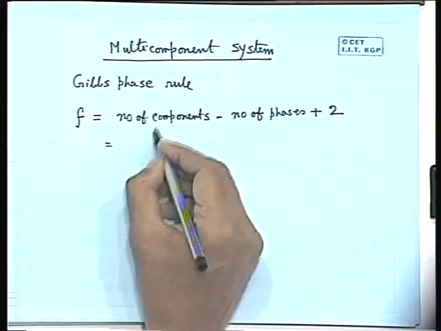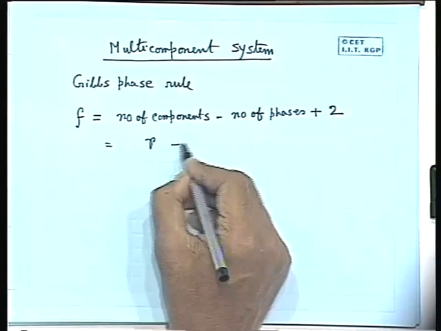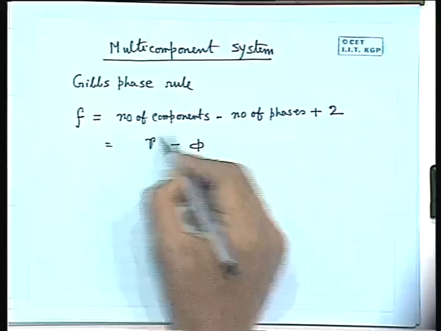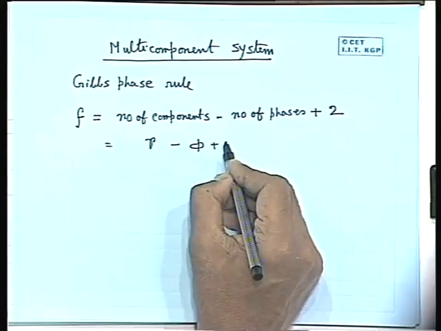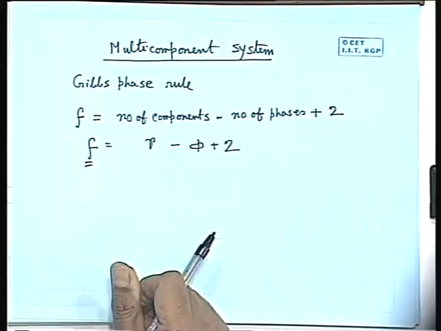Let us denote the number of components as R and the number of phases as phi. And this F determines the number of independent intensive properties that are required to fix the equilibrium state of the system.